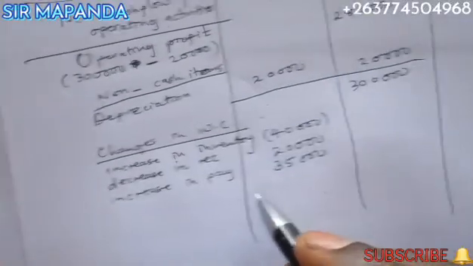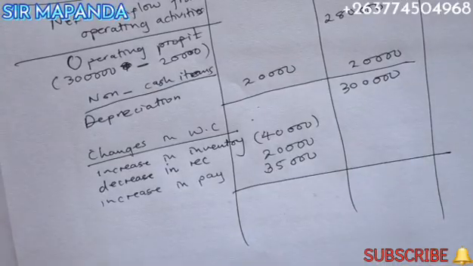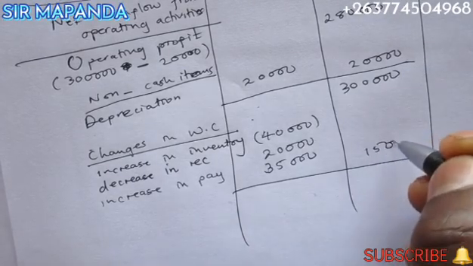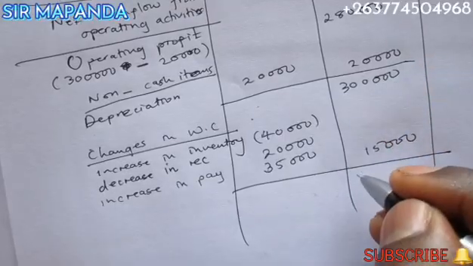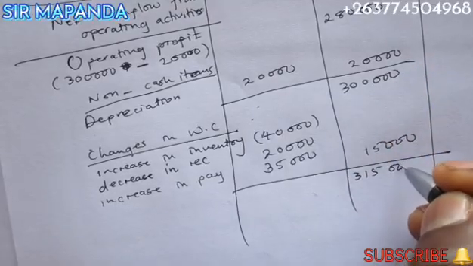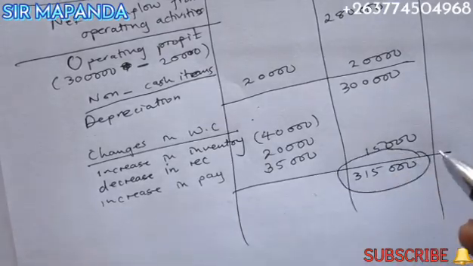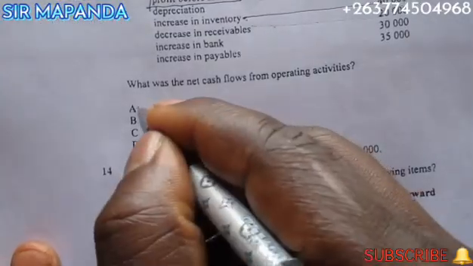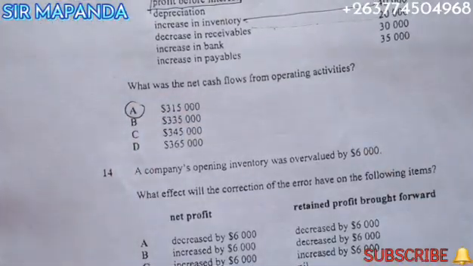After that, let us put the total. 35 plus 20 minus 40, you get 15,000 to be added to 300,000. It gives you 315,000, and 315,000 denotes the net cash flow from operating activities. Our option is A. So A is the answer.